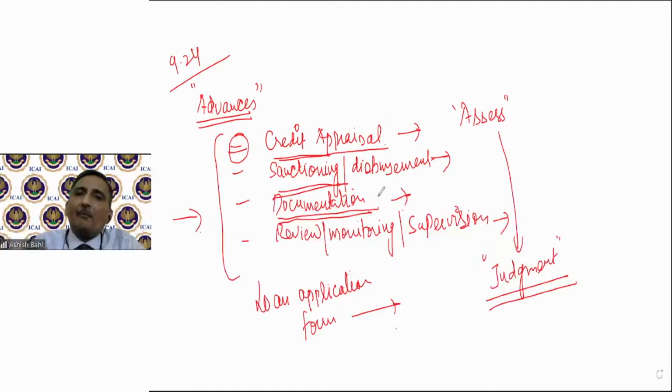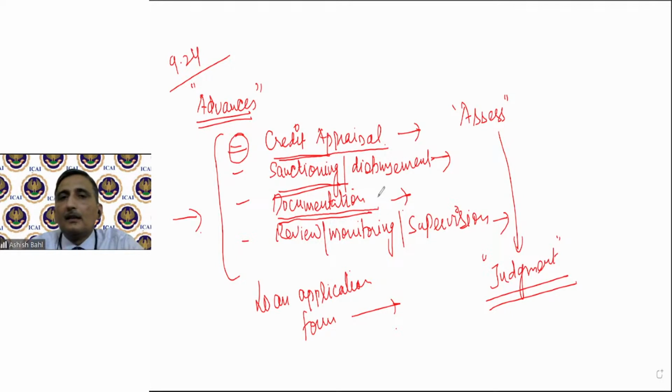Like, say, when a company obtains cash credit facilities from a bank, it signs a hypothecation agreement with the bank. Say it mortgages some property, then it has to complete formalities in this regard.